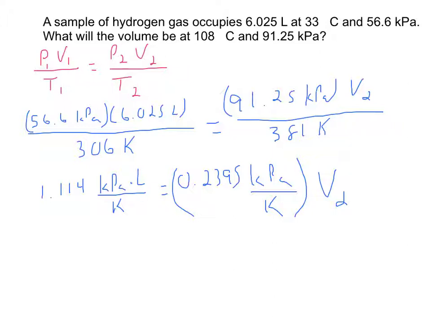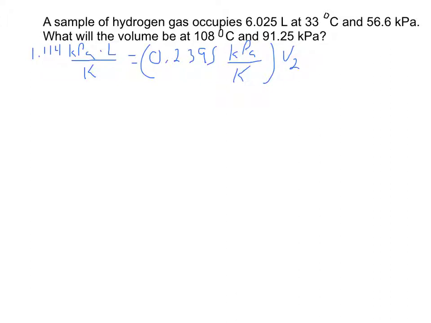Now we're simplified, and this is a much simpler problem. This is solving for x, or basically our V2. Let's get a cleaner screen. So there it is: 1.114 kPa times liters over Kelvin equals 0.2395 kilopascals divided by Kelvin, multiplied by our second volume.